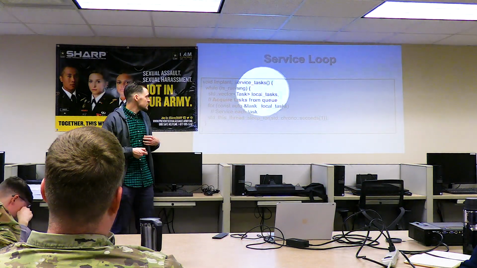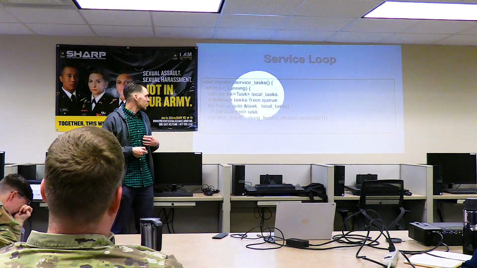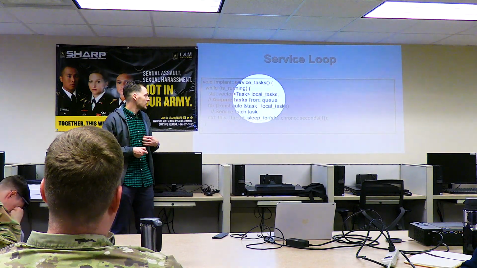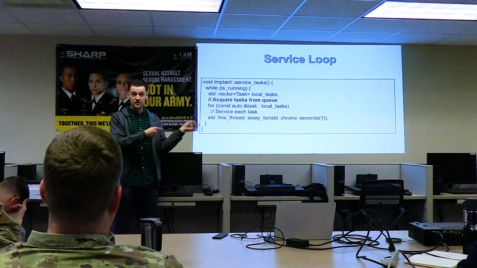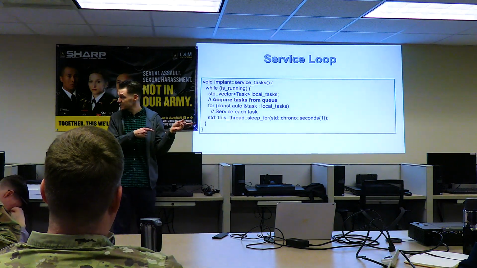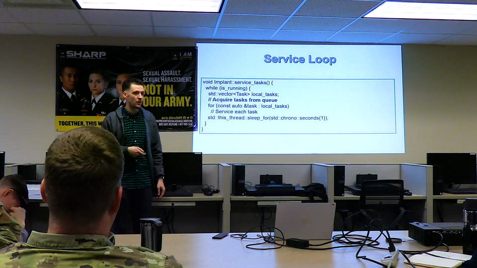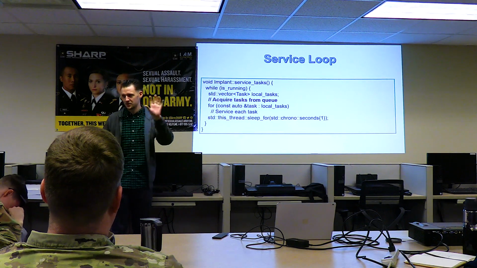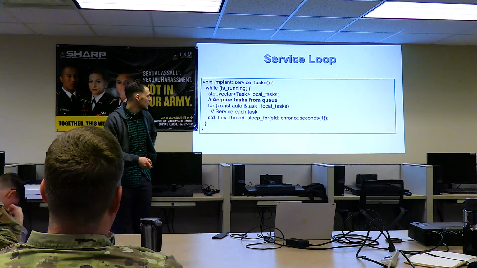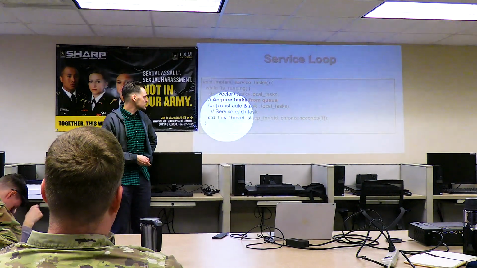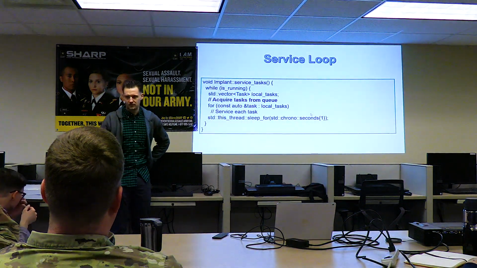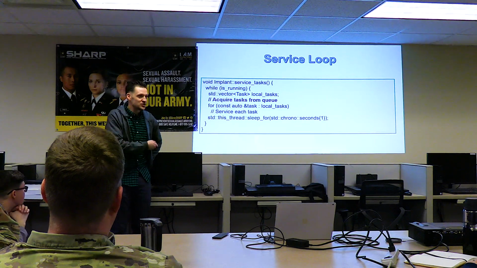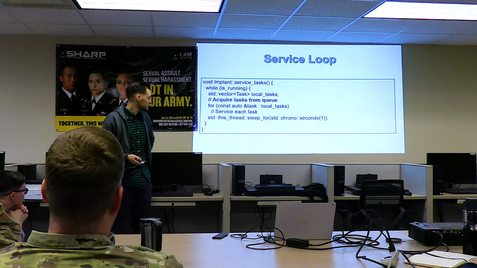So this little switcheroo is we're going to grab our local tasks from that queue that the beacon loop is stuffing tasks into. I'll show you how that works, because remember, we have multi-threading here, so you've got to be very careful. Then we're going to service each task, and then sleep for a second here. I don't think there are many other ways to do this, pretty straightforward.